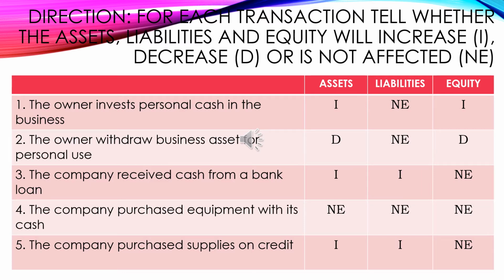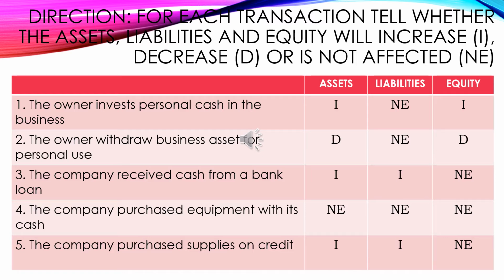So a decrease in asset could lead to a corresponding decrease in equity or decrease in liability. An increase in asset could lead to a corresponding increase in liability or increase in equity. But the accounting equation will always remain balanced. Okay?